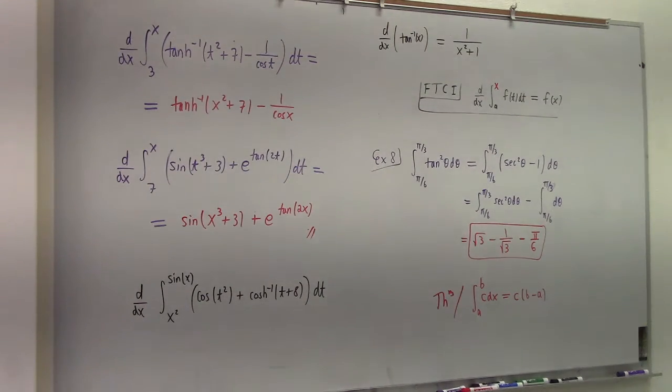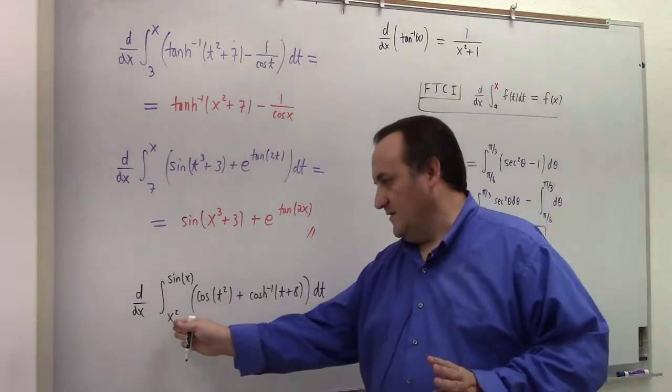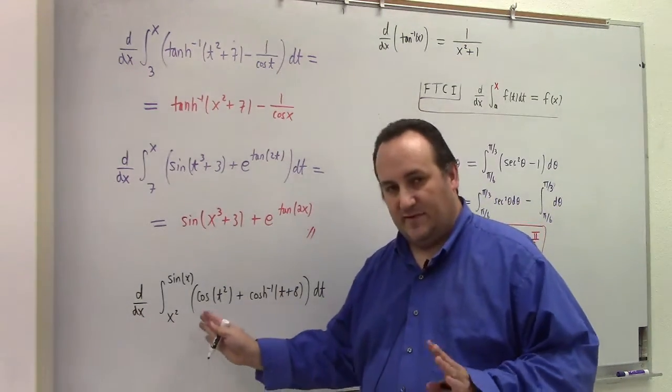You can't just plug in x when it's like this, if your bounds are both variable and they're not just x.